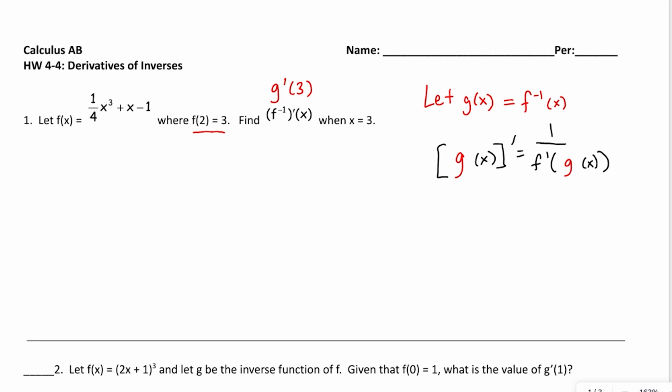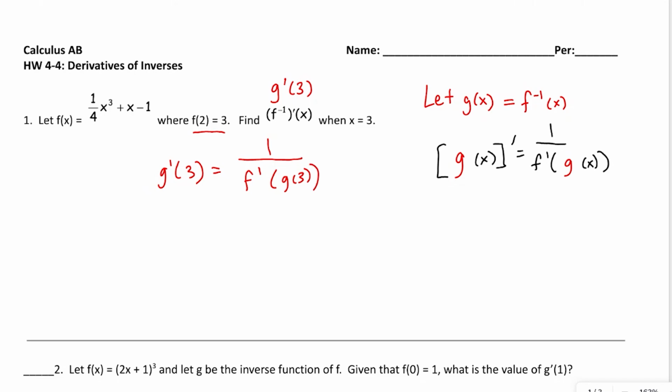So don't get too carried away with this derivative rule being written that way. Okay, let's get started. So first, we want to find g prime of 3. That's going to equal 1 over f prime of g of 3.